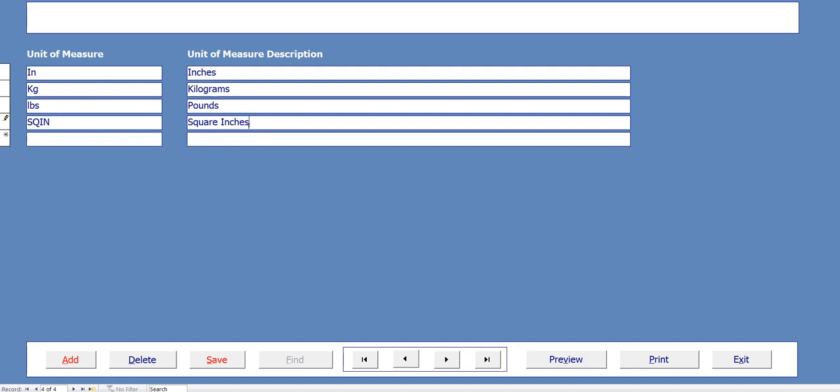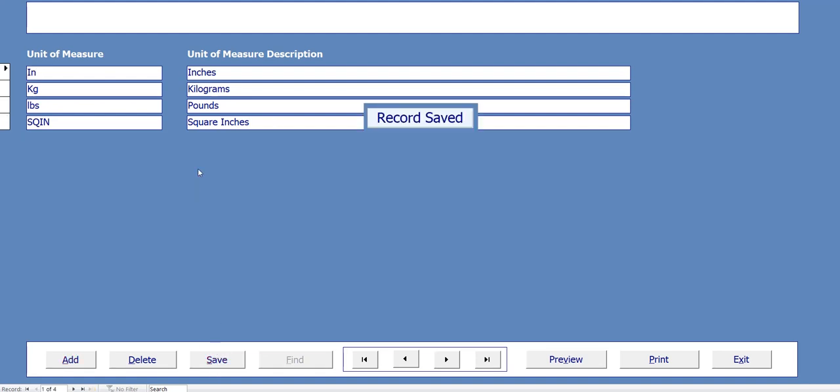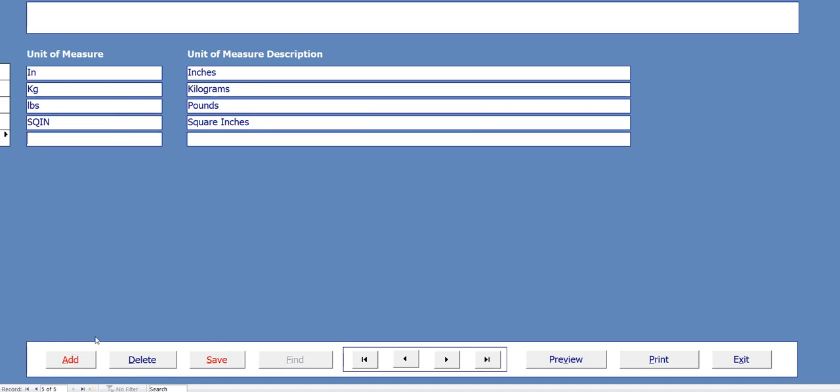It's cut from sheets, and it has an area. So, and that's often measured in square inches. Okay. Save. But you don't buy sheet metal in square inches. You buy it in sheets.